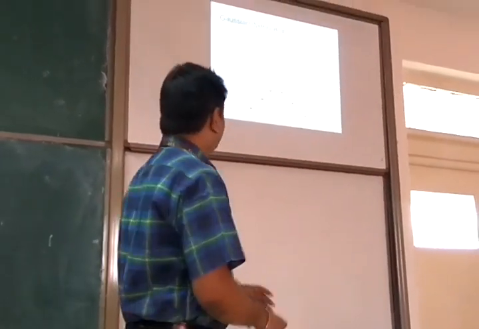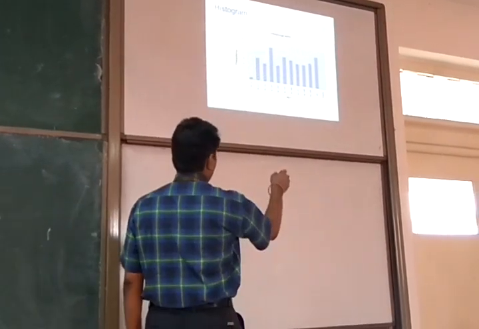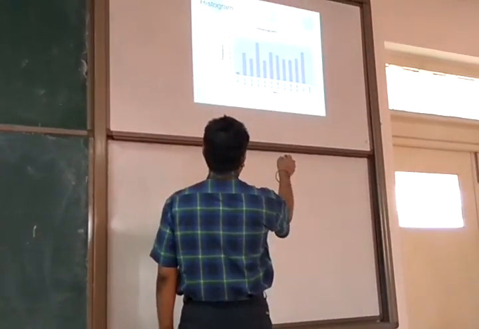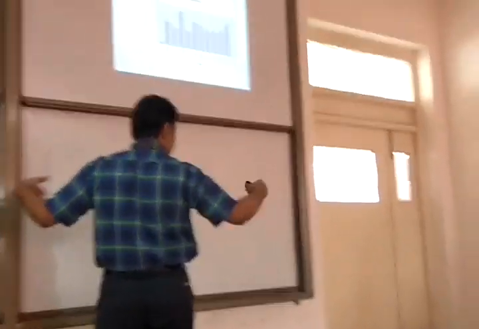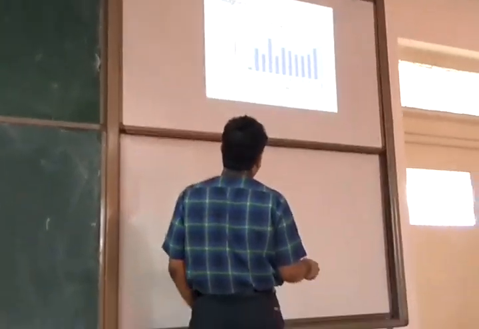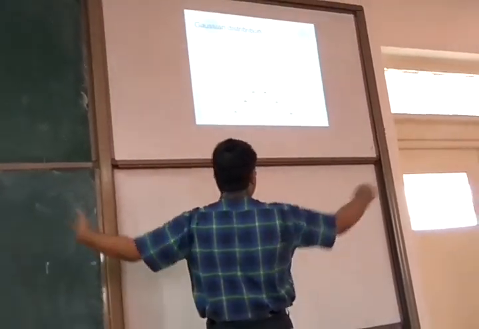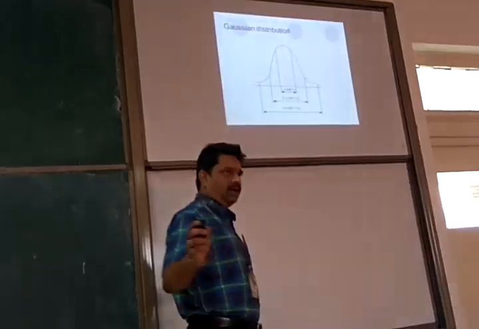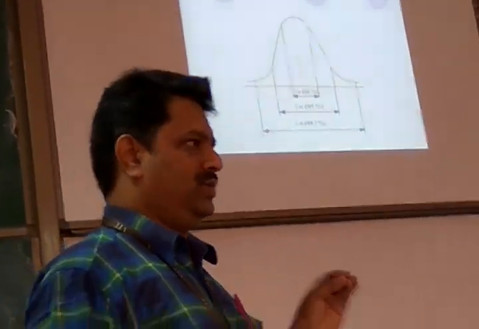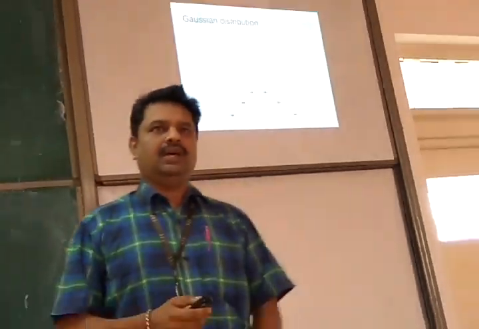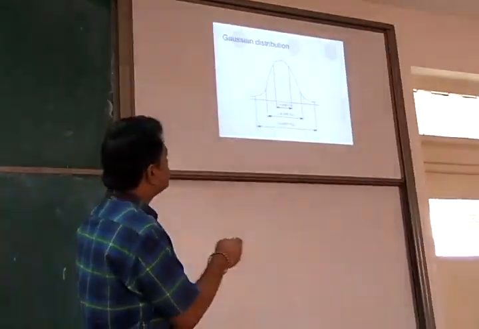That means when you repeat this experiment a large number of times, around the mean you have more values, a little away from the mean you will have a little fewer values, and towards the extremes, either the lowermost value or the highermost value, you will have very few values.